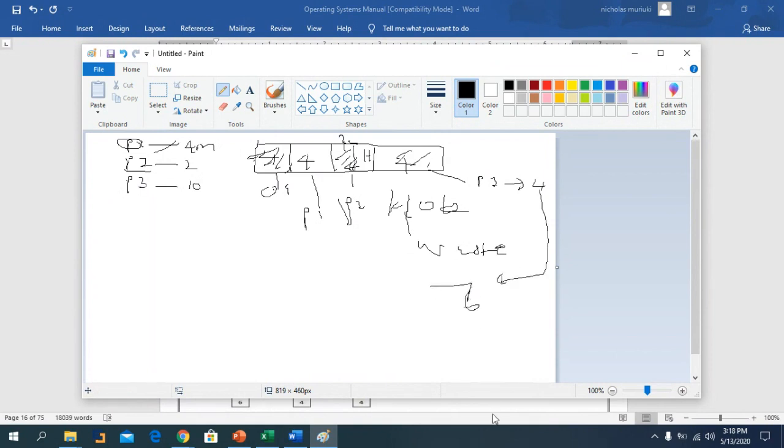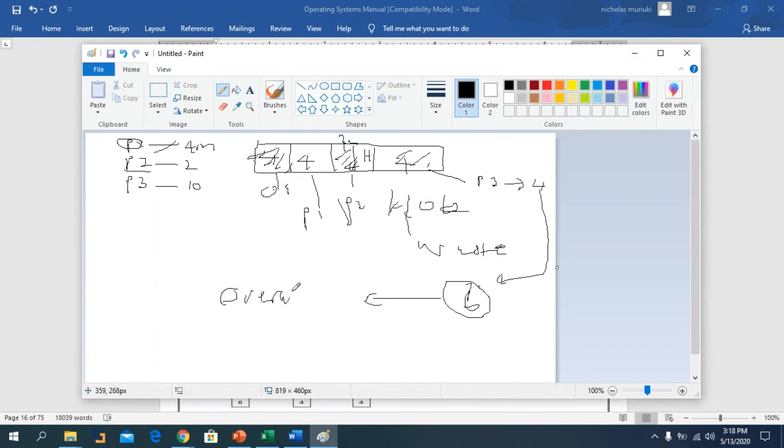Whatever has remained here cannot be accommodated in this memory. So where will you store this part of 6? We are supposed to store it in a virtual memory, which we call overlay memory.